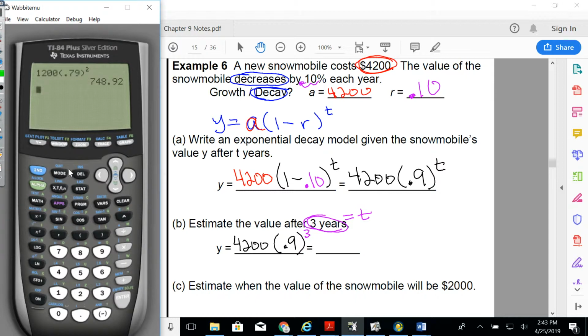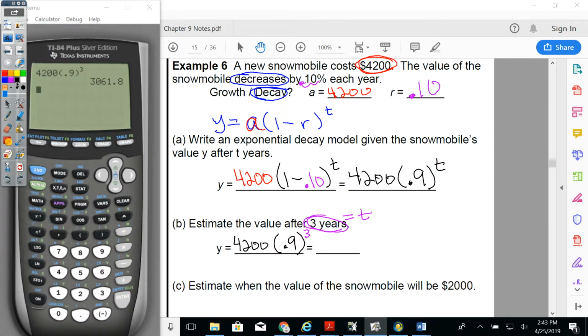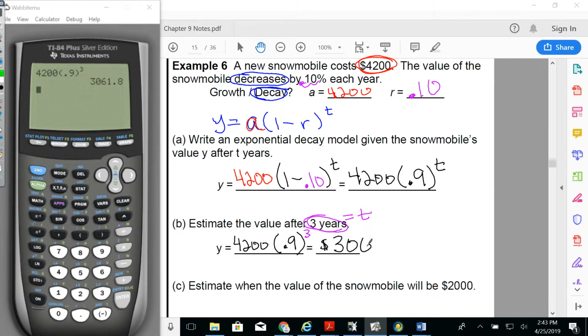So let me clear all this stuff. So 4,200 times 0.9 to the third power gives us that it would cost, still pretty good for 3 years later, $3,061.80.